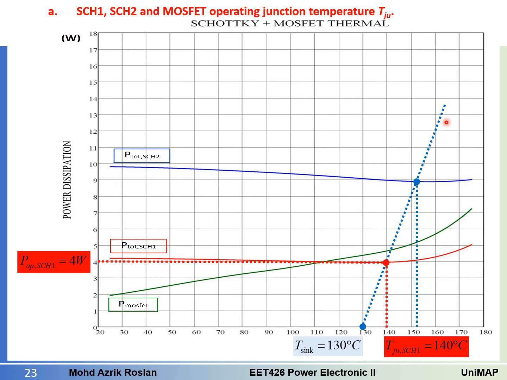And at this point, the junction temperature of Schottky 2 is 152 degrees C. If you draw a straight line here, you will get 152, and the power dissipation is 8.9 watt for this one. Now we already got the junction temperature for Schottky 1 and Schottky 2, which is 140 and 152 respectively.